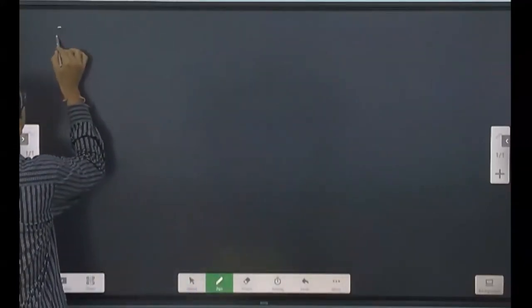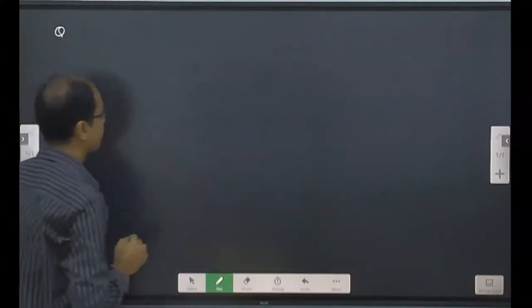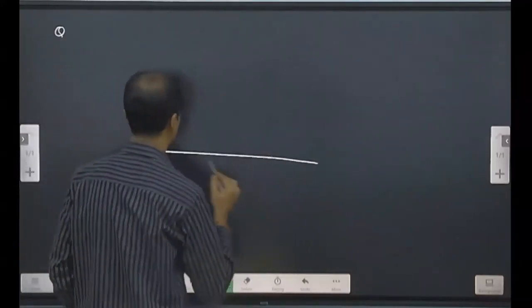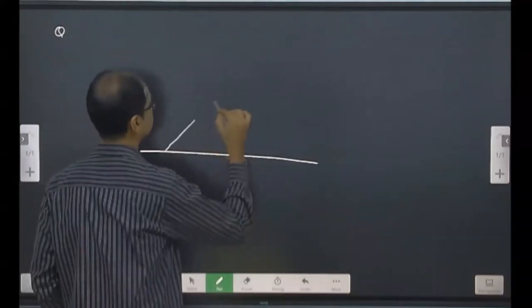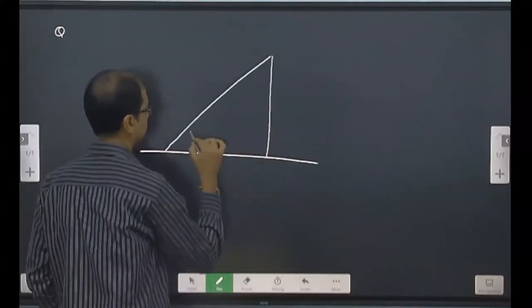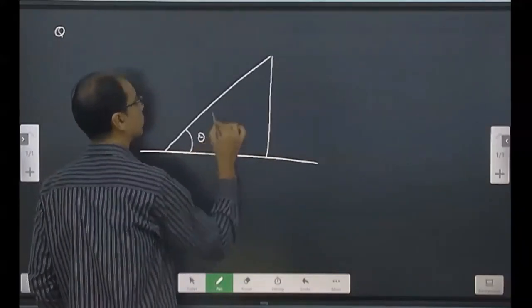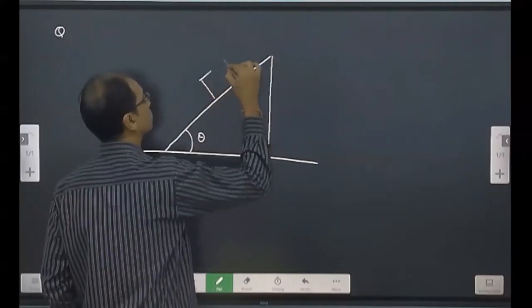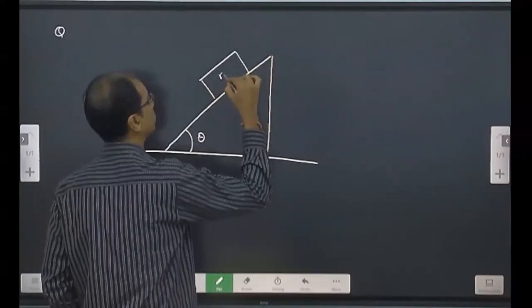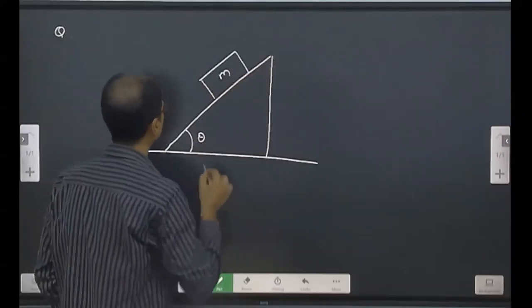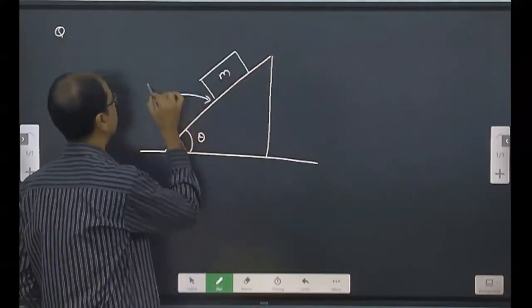So a question is like this. There is an inclined plane. There is a block here, a block of mass m. Friction is here, the coefficient of friction is mu.